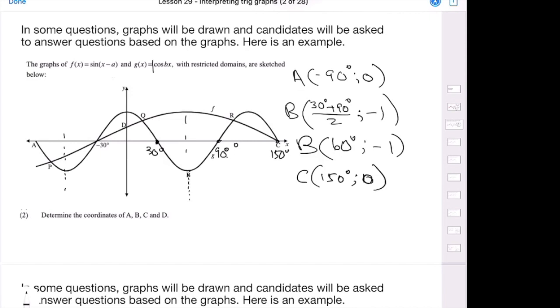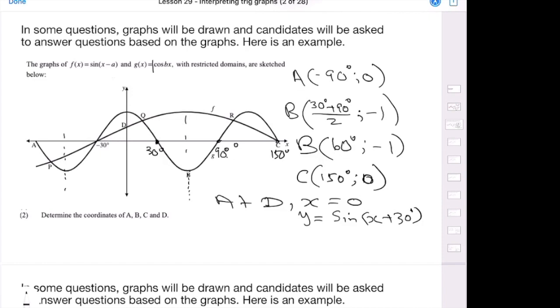And finally D. For D, it will help us to take note that point D is the y-intercept, which means at point D, we know that x is equal to 0, but that point D also lies on the graph of f of x, which means it lies on y equals sine of x minus a, but we know a now, so that is sine of x plus 30 degrees.